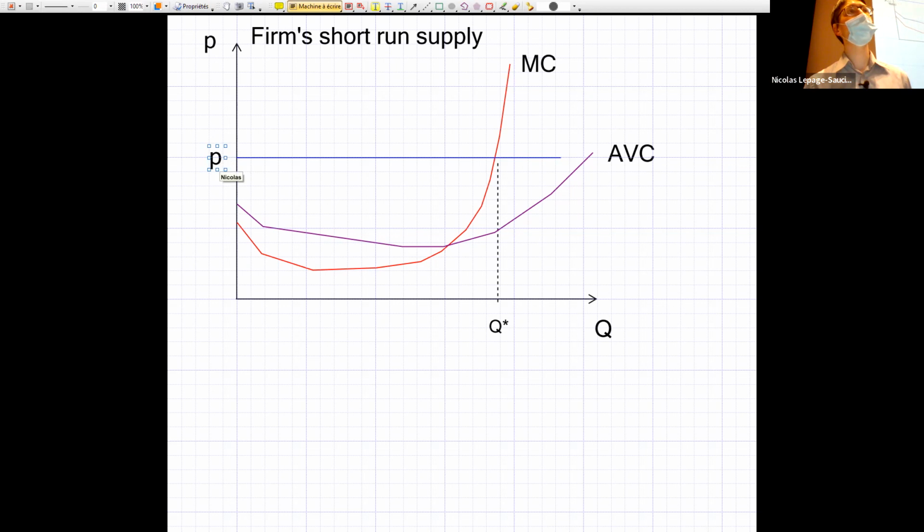Now, could the firm want to sell at a lower price than P and get as many consumers as it likes? Think about it, all my competitors are selling at the price of 10. What if I choose a price of 9? That's genius. I'm going to be able to sell an infinite quantity because the whole of Canada can just transport to my store instantly and buy the stuff.